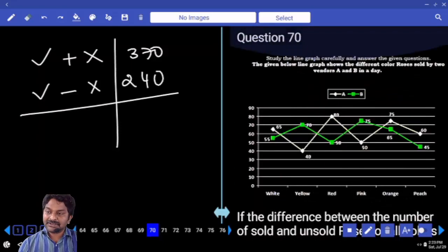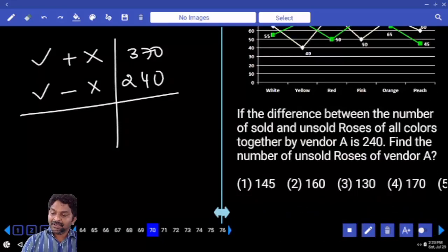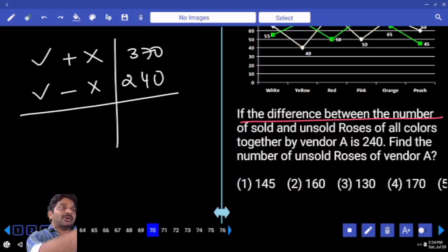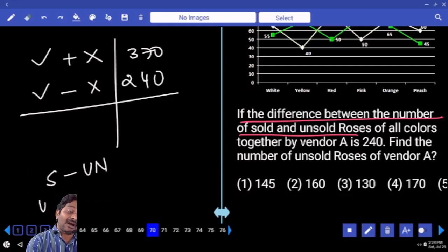Let me go to the instruction. Now the question is about unsold items. See, here they should give you one more condition. When they say difference between sold and unsold roses, it may be sold minus unsold or unsold minus sold. If there is a word called respectively, then order has importance. Do you have such a word, respectively? So you may get two different cases here.